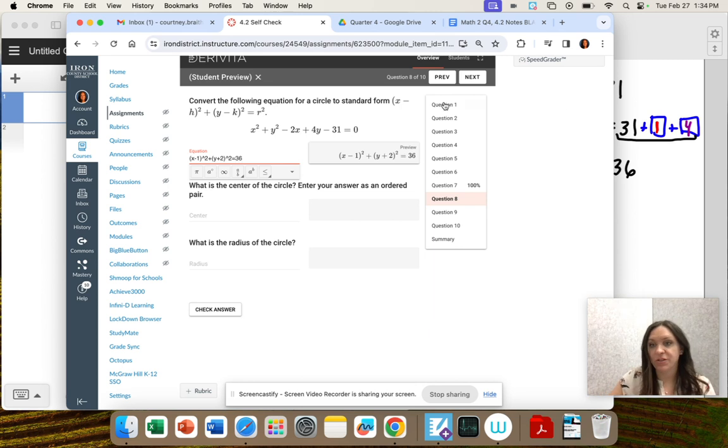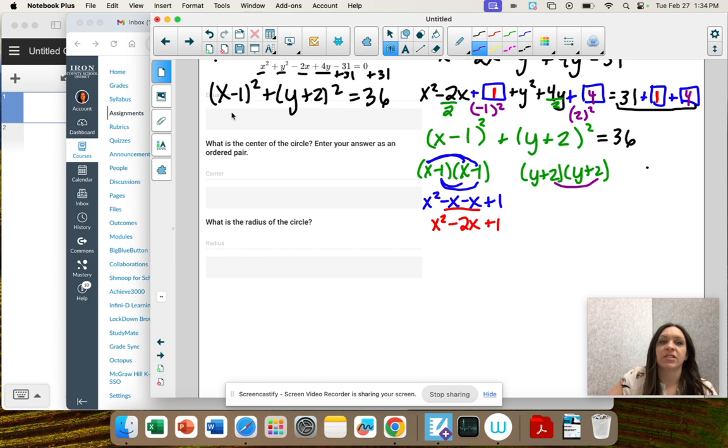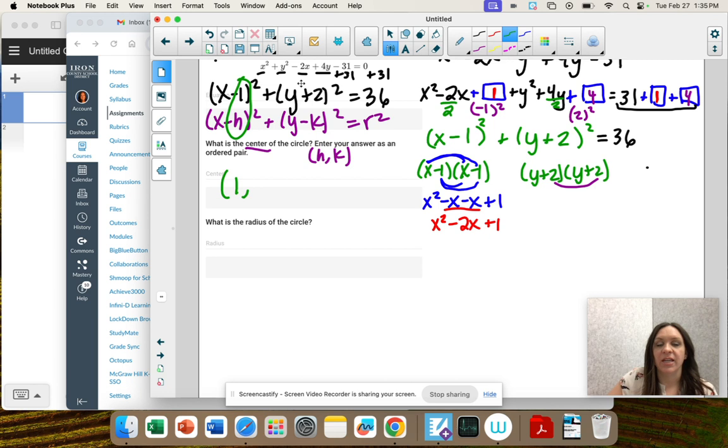Now, what's the center? What's the radius? So remember, in our standard equation, it's x minus h squared plus y minus k squared equals r squared, and the center is (h, k). So h I can see is not negative 1, positive 1. And then k is actually negative 2.